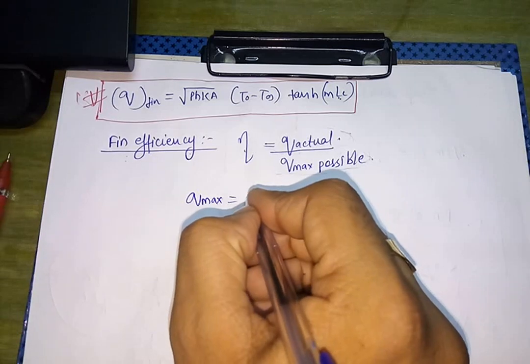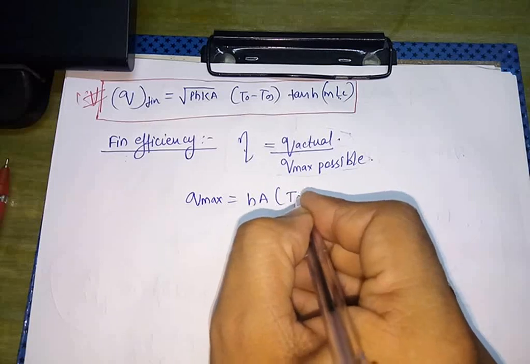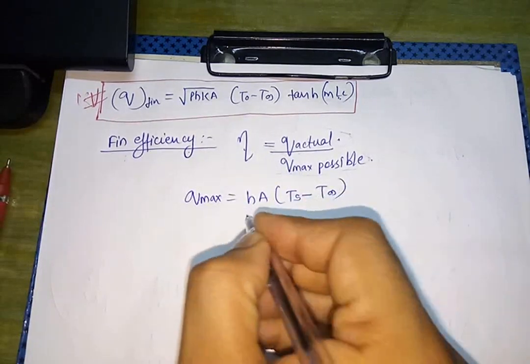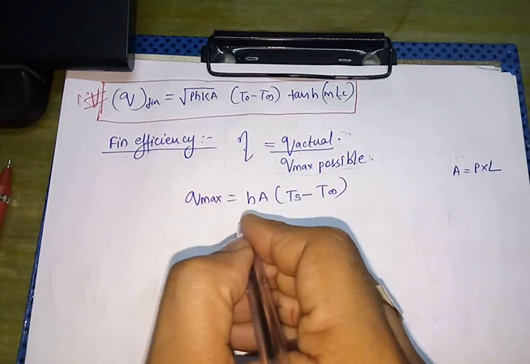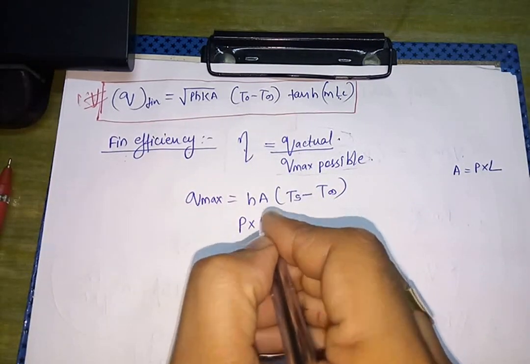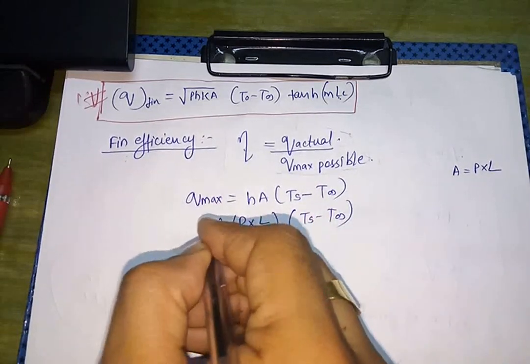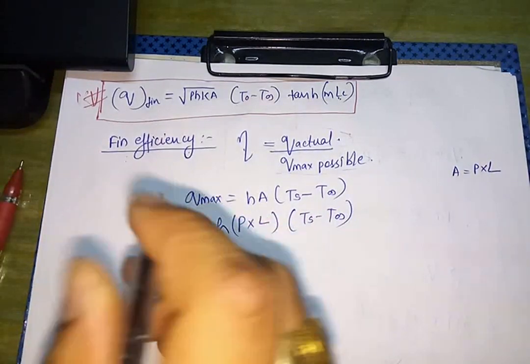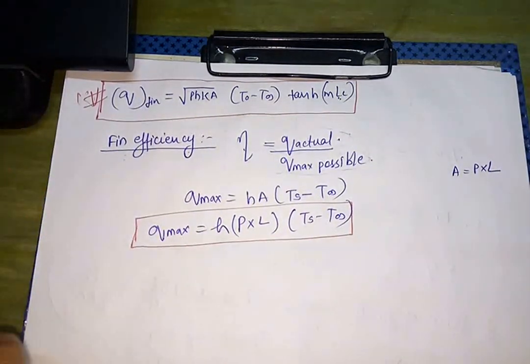Q maximum possible will be through convection only, that is hA(Ts minus T infinity), where A is the area, equals perimeter into length. Perimeter into length into h(Ts minus T infinity) would be Q. This will be the maximum heat transfer that can occur.